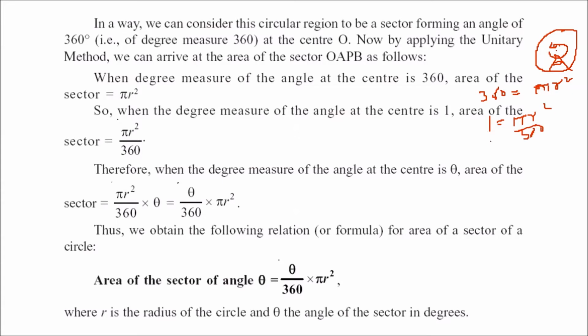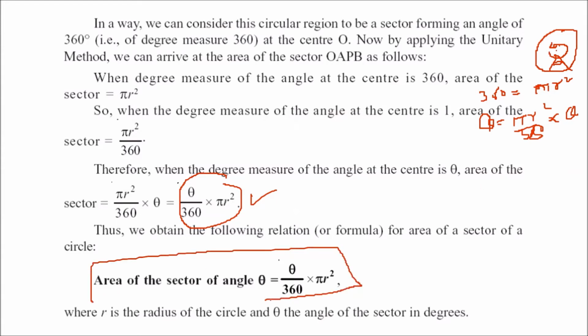How about theta? For theta, it will be pi r square by 360 into theta. So this is theta by 360 into pi r square. This is the area of the sector. So the area of a sector is theta by 360 into pi r square, and this theta is in degrees, so you don't have to change it. If it is given in degrees, you can directly use it.